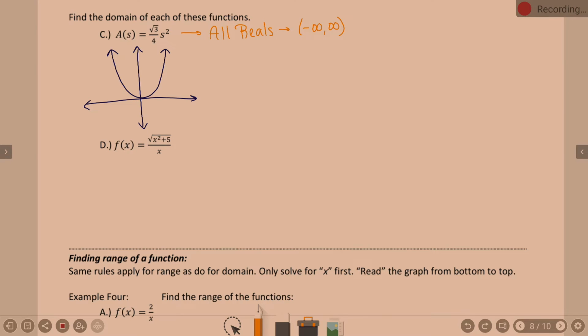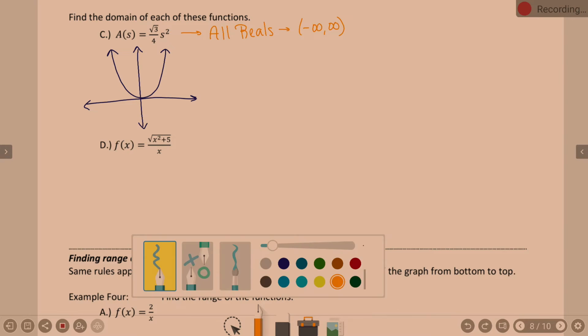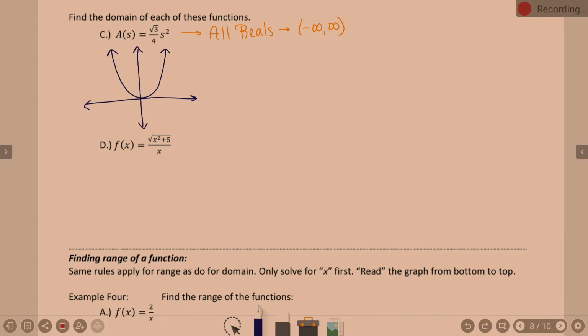Let's just do it. It's not about looking at the graph. It is truly a parabola. A parabola does have all real numbers, which is why I can say just looking at the equation that it is all real numbers. But this is a formula you may recognize. What does big A usually stand for in a formula?